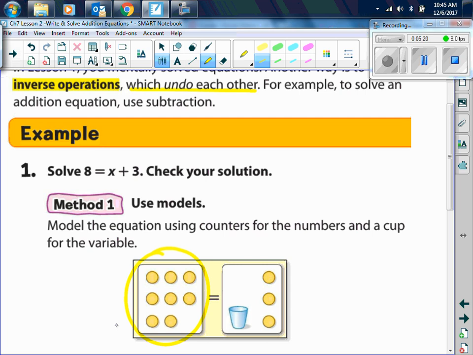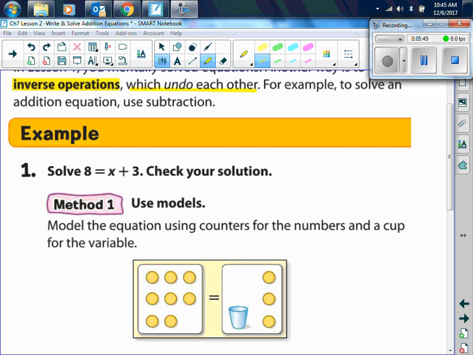We have 3 counters right here, and we have some counters in the cup, but we don't know how many. But we know that the 8 and the unknown plus the 3 are equal, because it says they're equal right there. Is everybody with me? So we want to figure out what is in the cup.